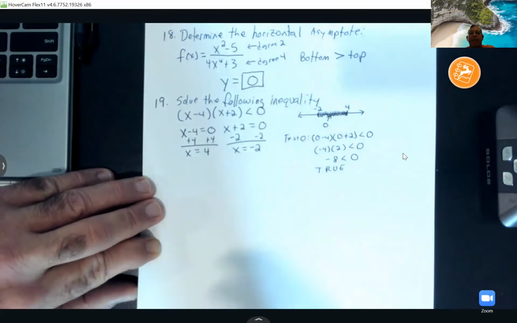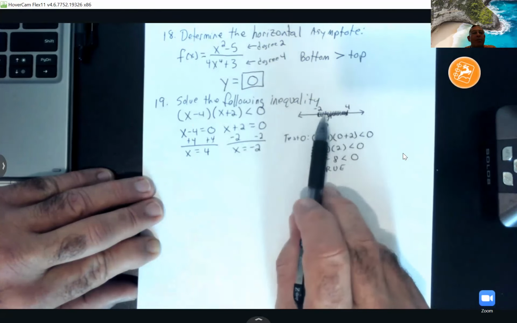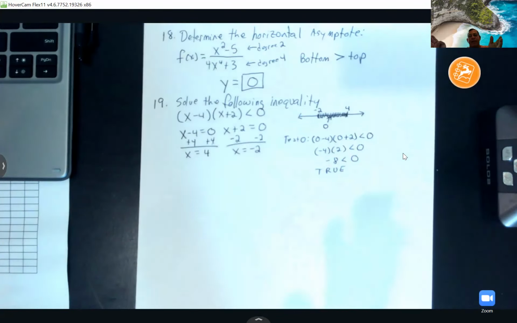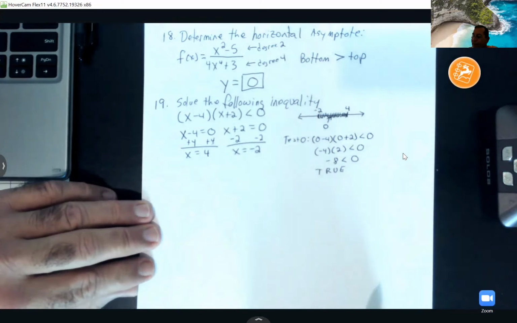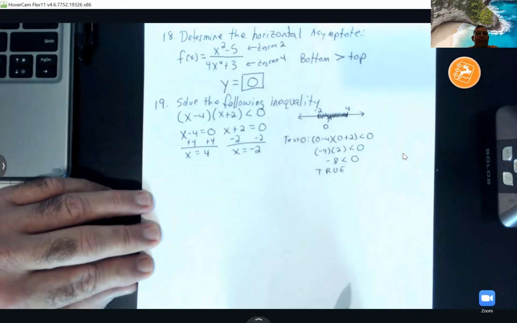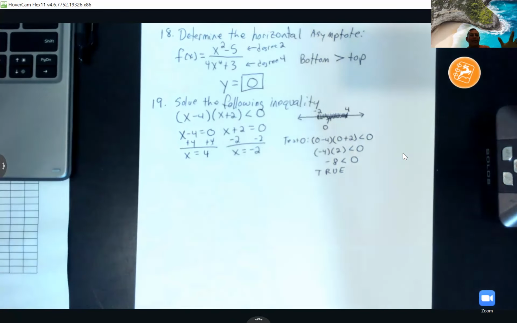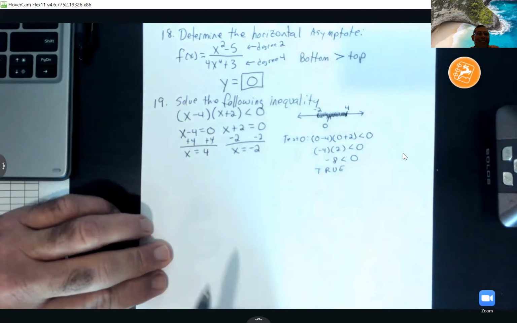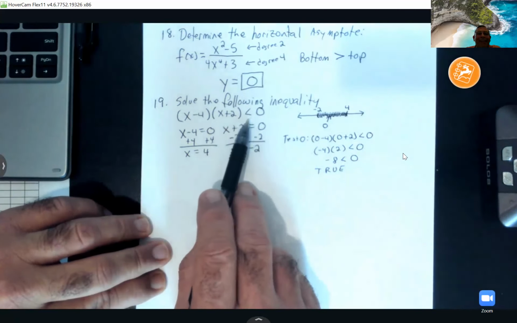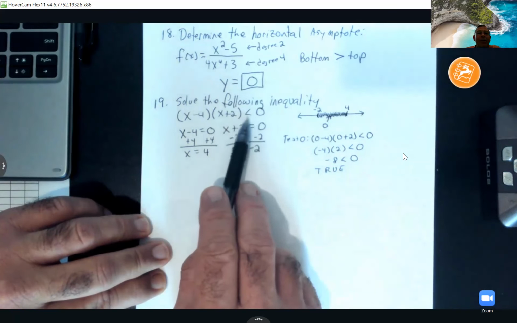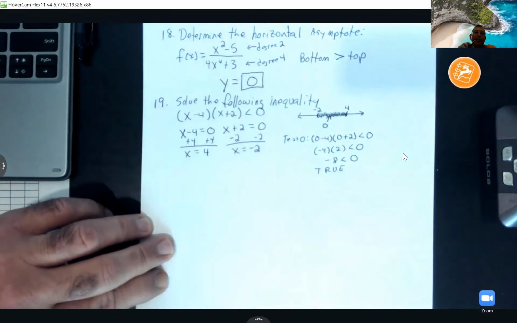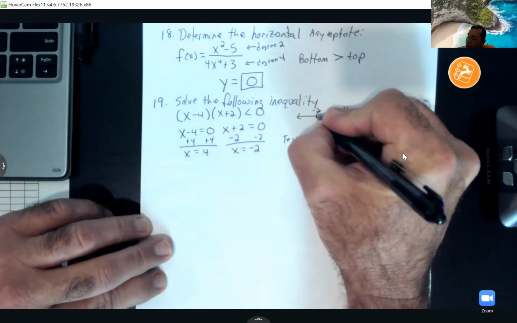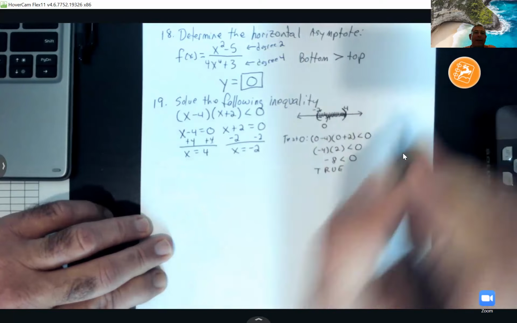Now, here's my question. Around these numbers, would y'all use parentheses or brackets? Look here. If there's not equals under here, so remember, I used brackets if it had equal under it. So since this does not have equals, y'all would use parentheses.